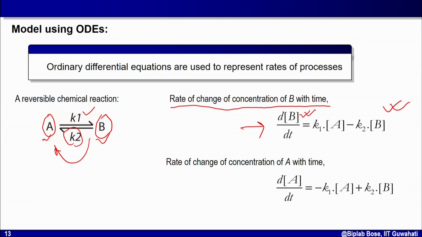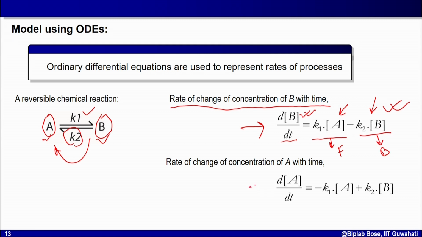So change in molar concentration of B with respect to time is given by d[B]/dt is equal to K1 into [A], that is the forward reaction, minus K2 into [B], that is the reverse reaction. So B is formed by this forward reaction, B is converted back to A by this reverse or backward reaction. So d[B]/dt, rate of change of concentration of B with time, is equal to K1[A] minus K2[B].